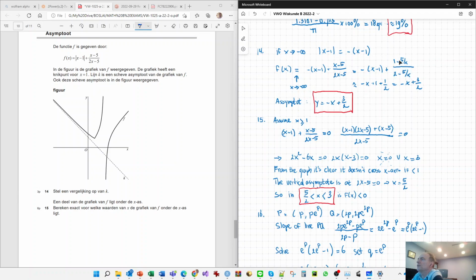So these two expressions are equal. Then assume that you have ignored these terms, so that you get minus x plus 1 plus 1/2, which is minus x plus 3 over 2.